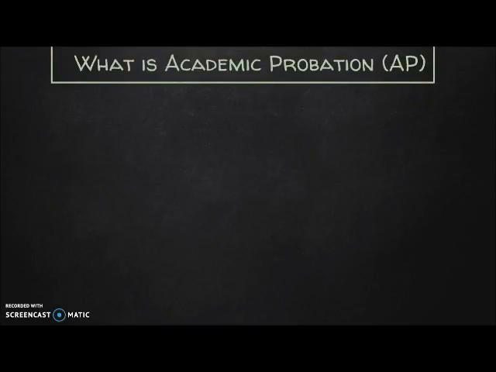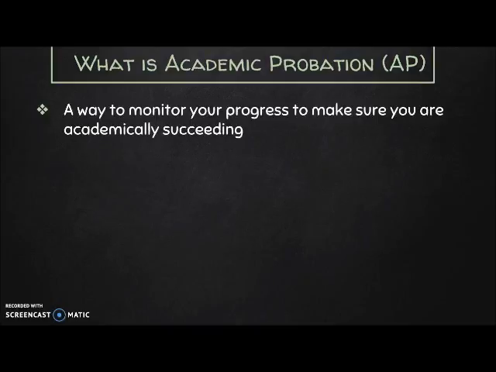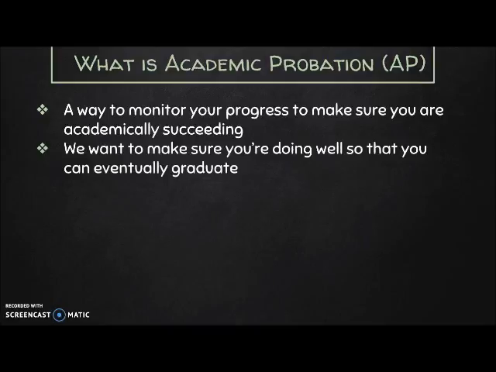So what exactly is AP, or academic probation? It is a way to monitor your progress to make sure you are academically succeeding. We want to make sure you're doing well so that you can eventually graduate. There are 4 GPAs that go into academic probation, and they all must be a 2.0 or above.